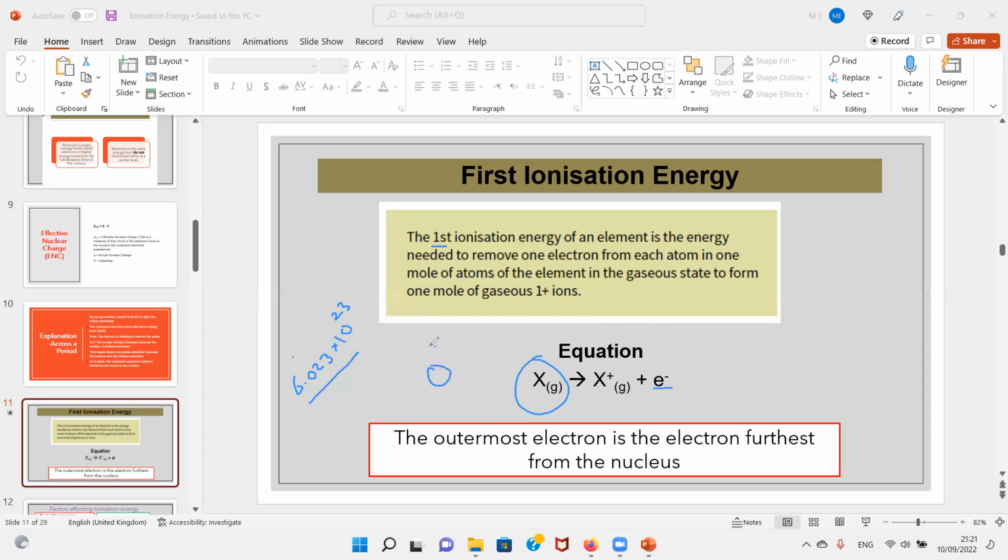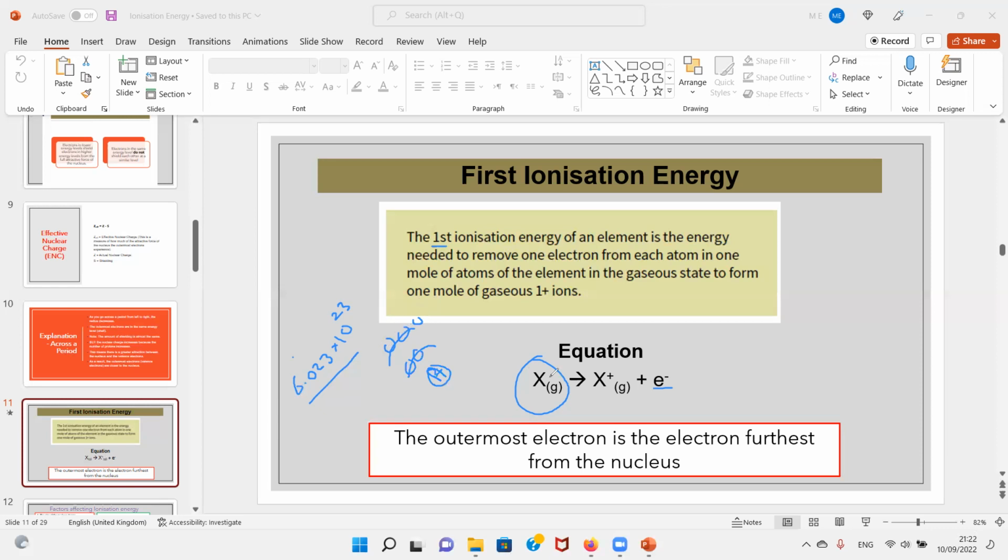So imagine with me that this is your atom. Here you have the nucleus, the protons, and here you have electrons, and here you have 3 electrons, and we call these outermost shell electrons or valence electrons.